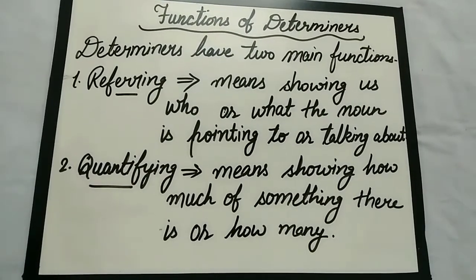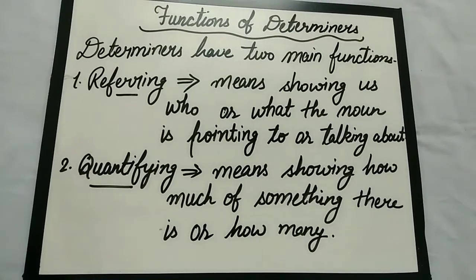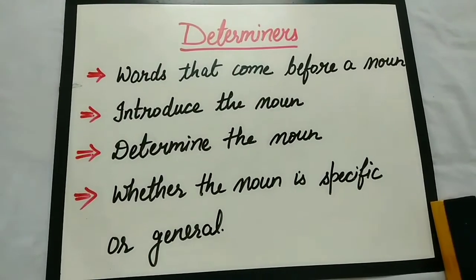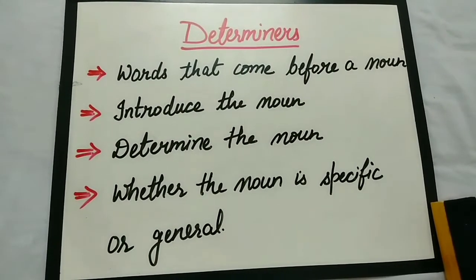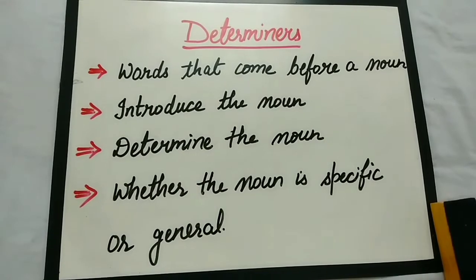So these are the two main functions of determiners, referring and quantifying. So in short, we can say determiners are the words that come before a noun, that introduce a noun, that determine a noun and tell us whether the noun is specific or general.